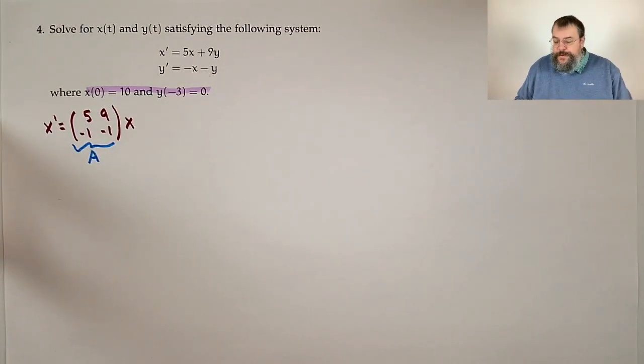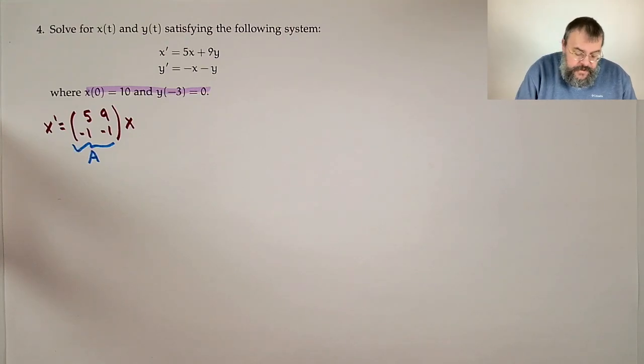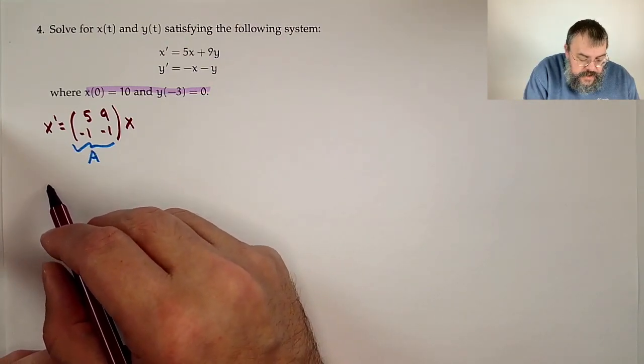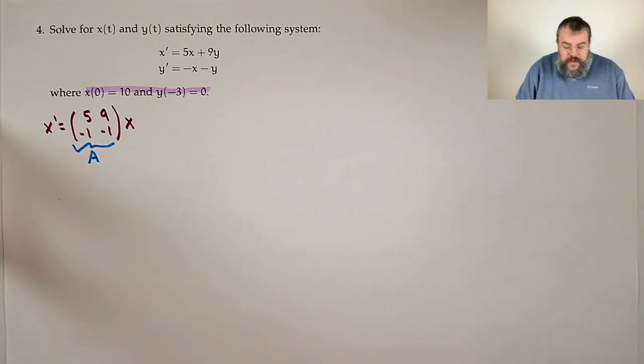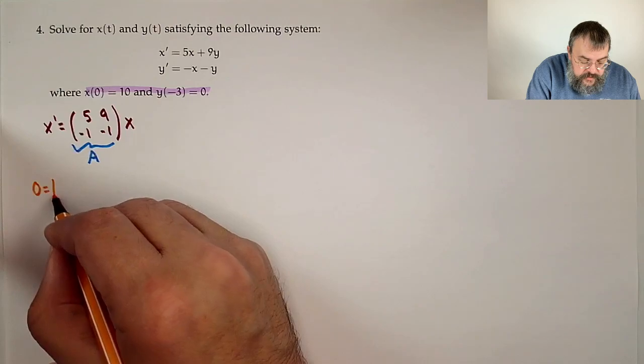What we want is the eigenvalues of A. So how do we find those? What's the technique? We need to do a computation, namely, we're going to take the determinant of A minus lambda I, and set it to 0.